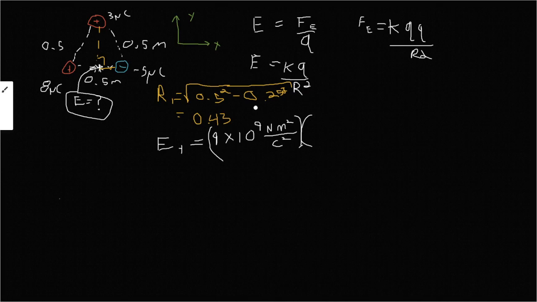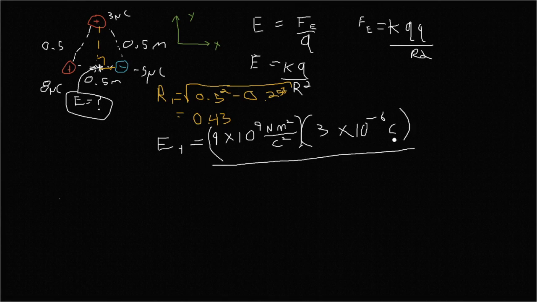So we're going to say 3 times 10 to the micro, which is 10 to the negative 6 coulombs. Then we divide that by the radius, which is what we established, 0.43, squared.